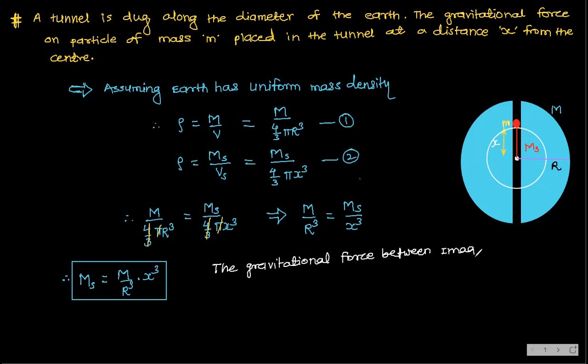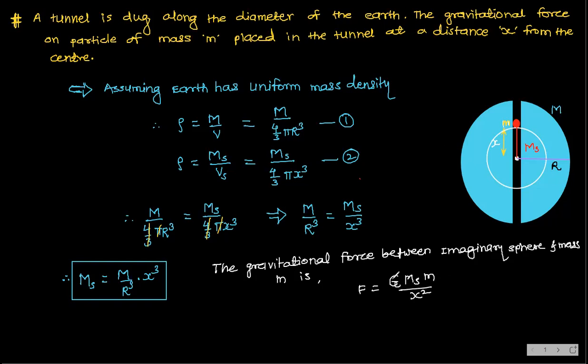Okay, imaginary sphere and mass m is F is equal to G, mass of this imaginary sphere Ms, into small m divided by x square. Agree with me? Yes, please tell. Yes, sir.